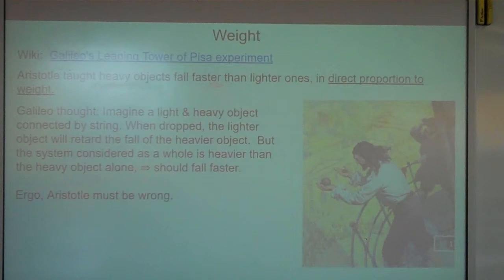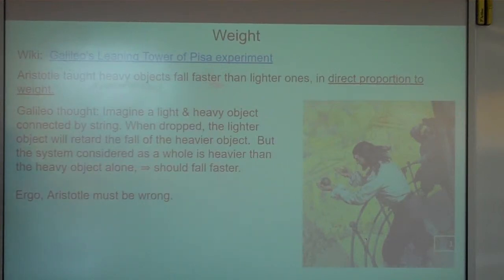I'm assuming you know Galileo's Leaning Tower of Pisa experiment, this idea that heavy objects fall faster than lighter ones in direct proportion to weight. That's the old idea. So the heavier the object, the faster it falls. But hopefully you know that.